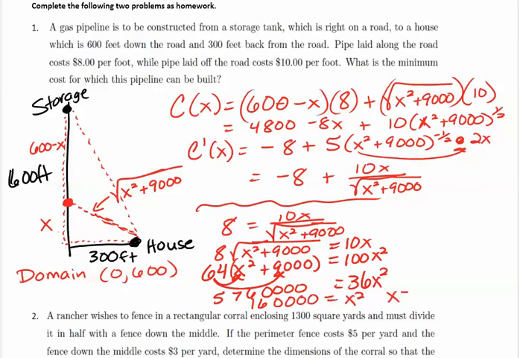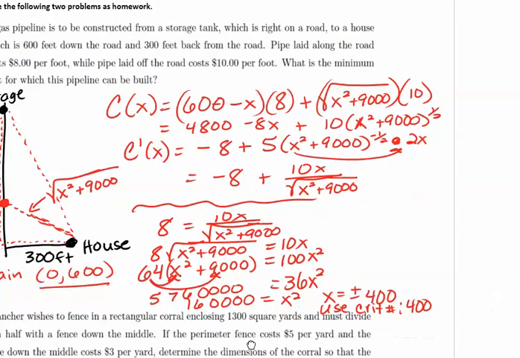And that's a perfect square, so plus or minus 400. Now, remember our domain was only positive 0 to 600, so I'm going to ignore the negative 400 and I'm going to use only the critical number of 400 since it's the only one in the domain.